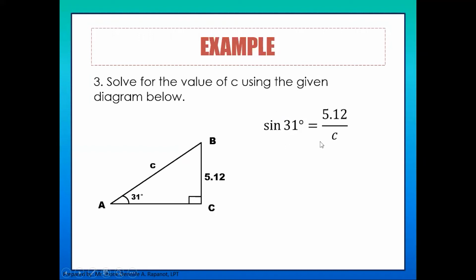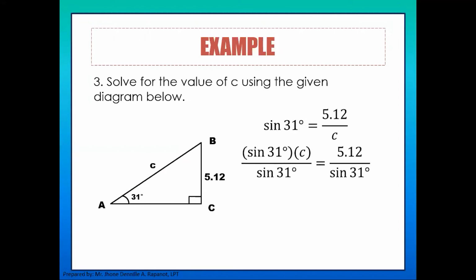Now, by analyzing this, we can cross multiply. After cross multiplying, we have this solution: sine 31 degrees multiplied by C is equal to 5.12. Now, in order for us to remove sine 31 degrees from this side of the equation, leaving only C for the hypotenuse, we have to divide both sides by sine 31 degrees.